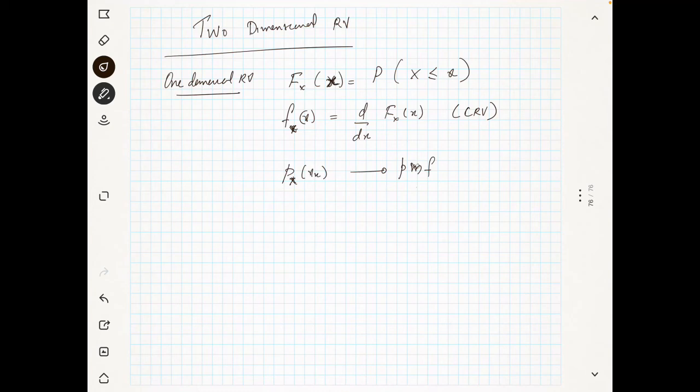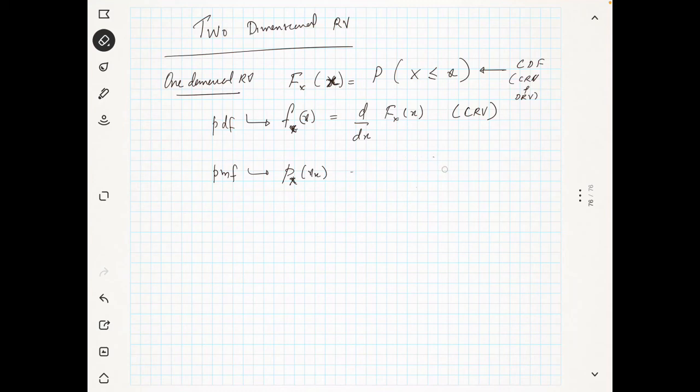The first equation, Fx of x is the probability that X is less than or equal to x, is the cumulative distribution function both for the continuous and discrete random variable. The definition is the same and the notation will be different. This one is the PDF and this is the probability mass function, PMF, that we have already seen.